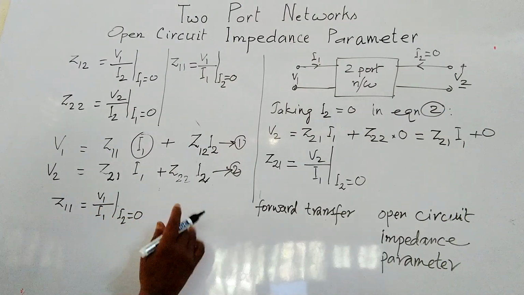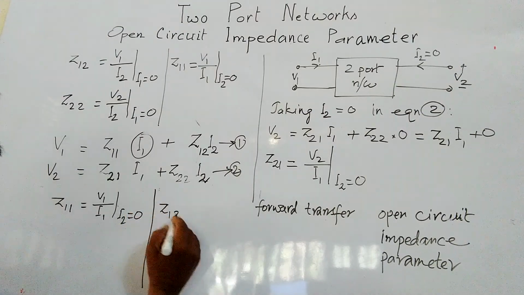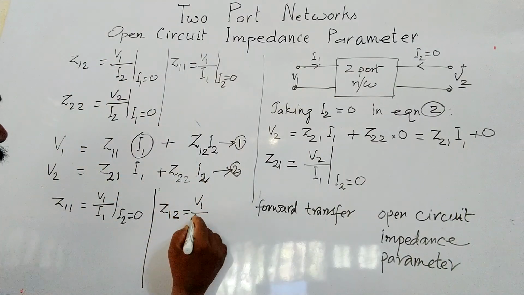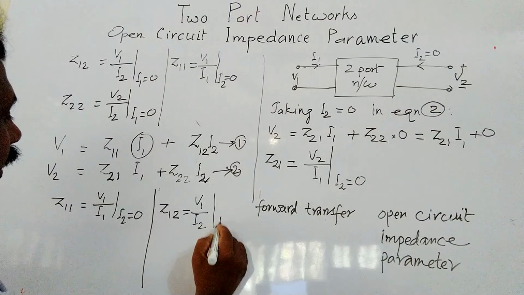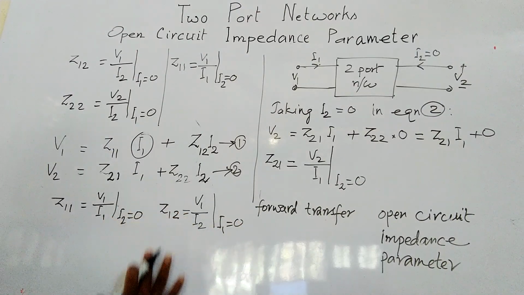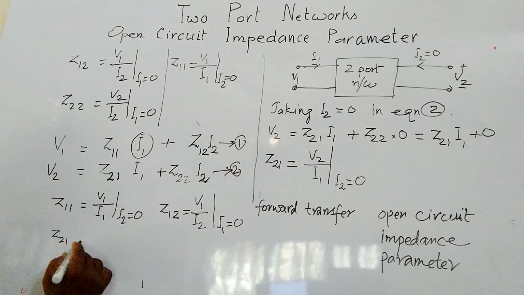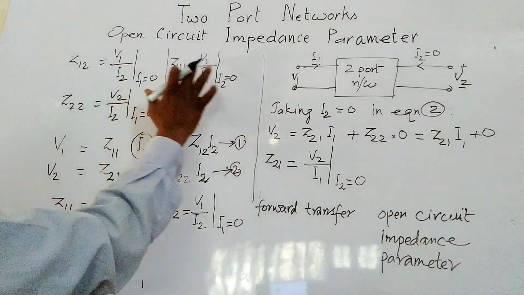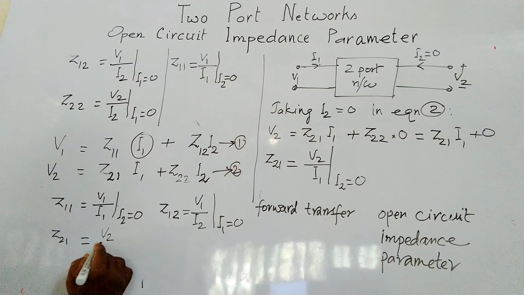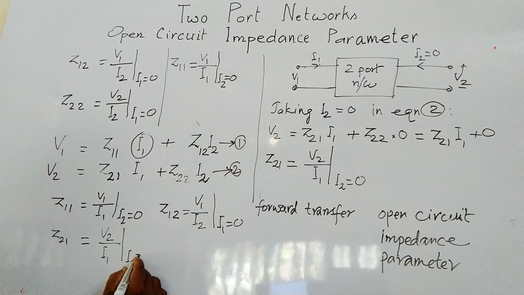Now Z12 is V1 by I2 when I1 equal to 0. Now Z21 is what? Z21 is V2 by I1 when I2 equal to 0.